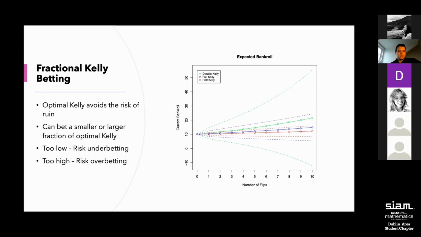But looking at the standard deviation, which is one standard deviation, represented by the dotted lines, there is much more variability in double Kelly than there is for full Kelly or half Kelly. The optimal Kelly is the blue line in the middle. And depending then on whether or not you're willing to accept the variability that double Kelly gives, you can choose either a smaller or larger fraction of f*.